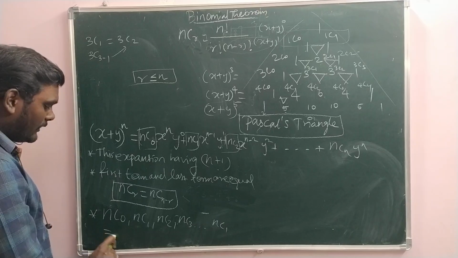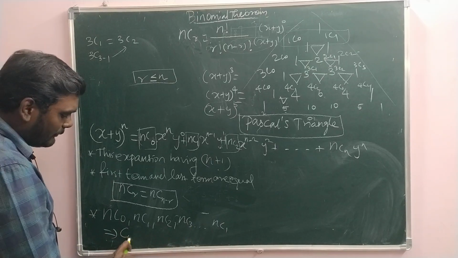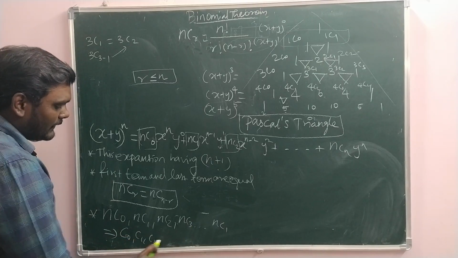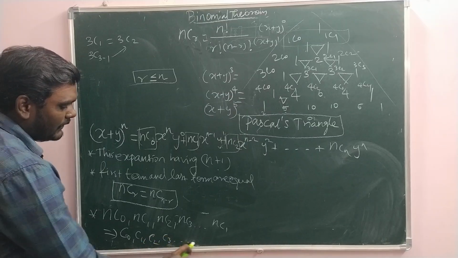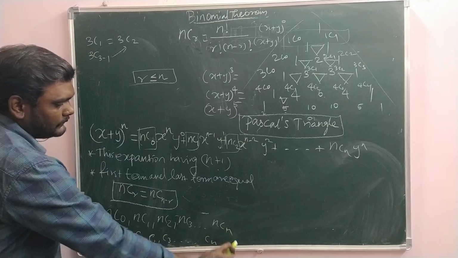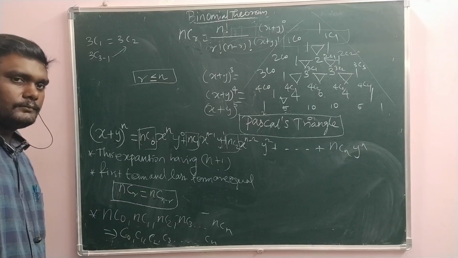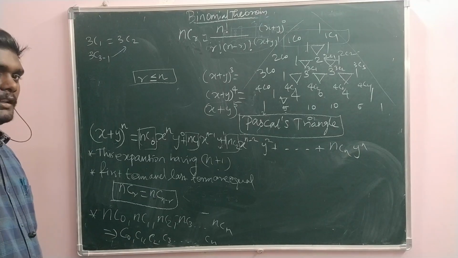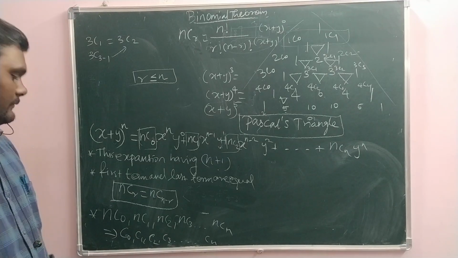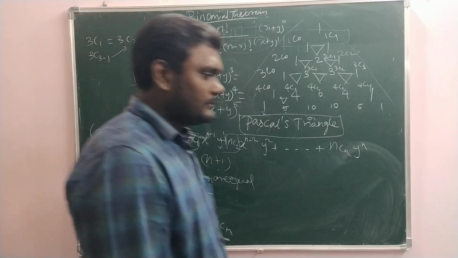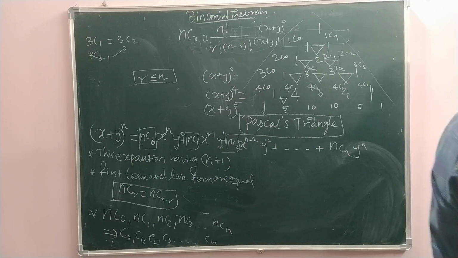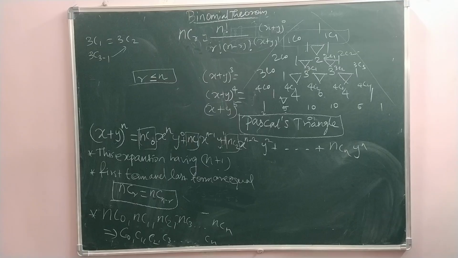And sometimes, instead of nC0, they simply put C0, C1, C2, C3 and Cn, like our classroom names. Binomial coefficients.